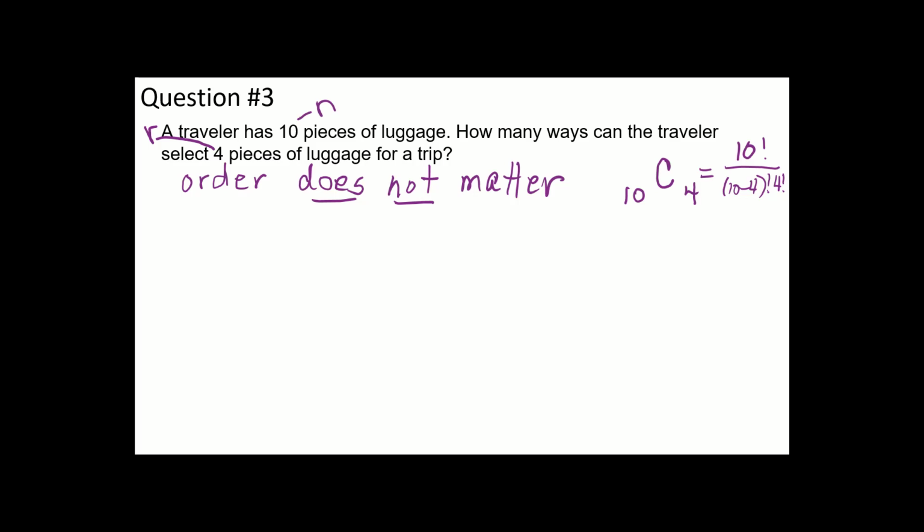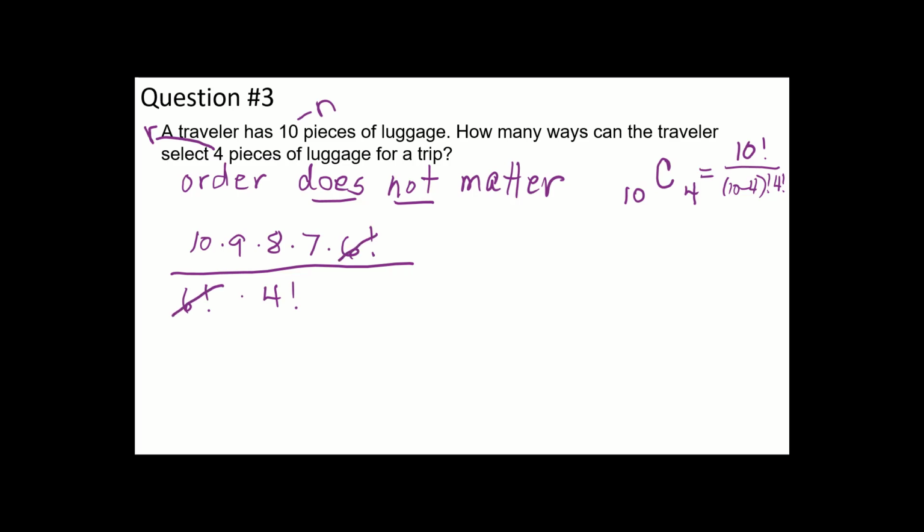In our problem, R is 4. So we'll have 10 times 9 times 8 times 7 times 6 factorial over 6 factorial times 4 factorial.